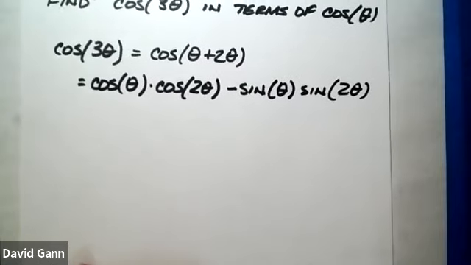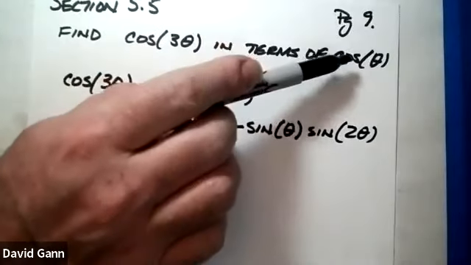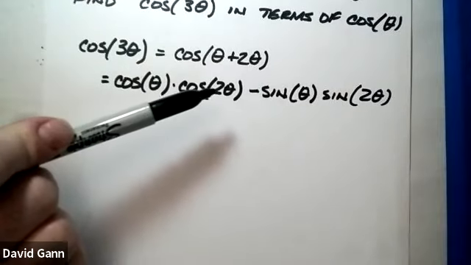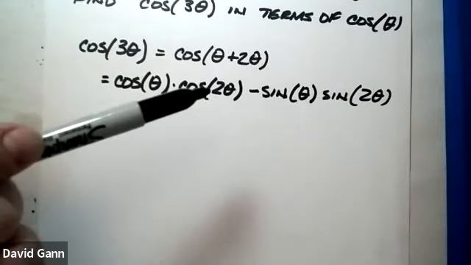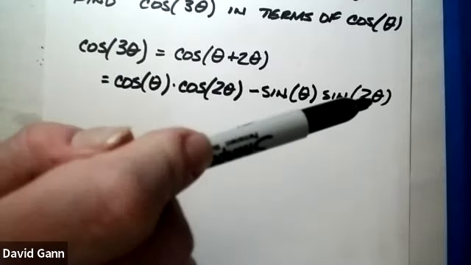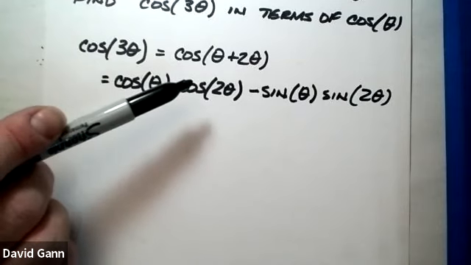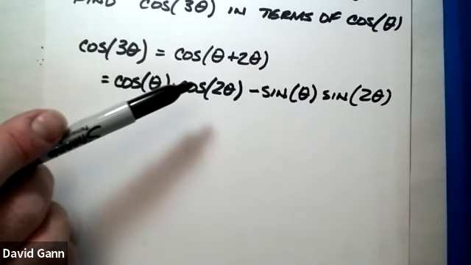Now my goal is to bust everything into terms of cosine of theta only. So what I would suggest is to work on the arguments first and then see if there's obvious ways to clean it up.